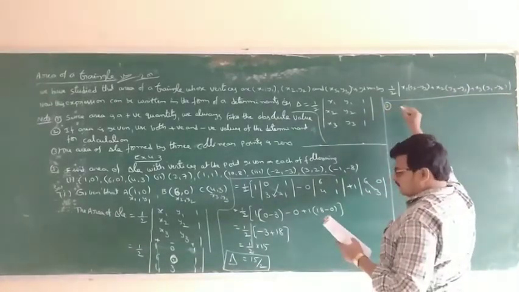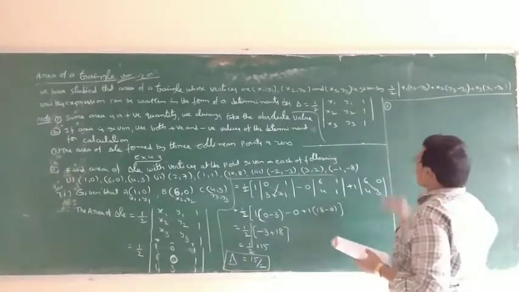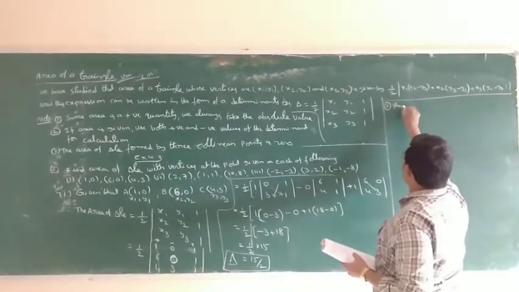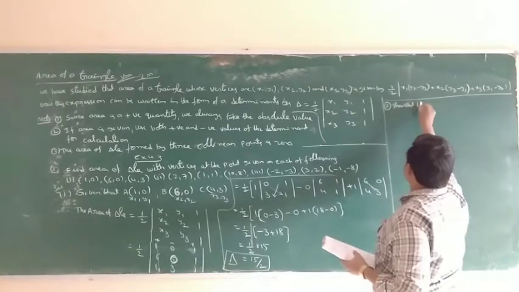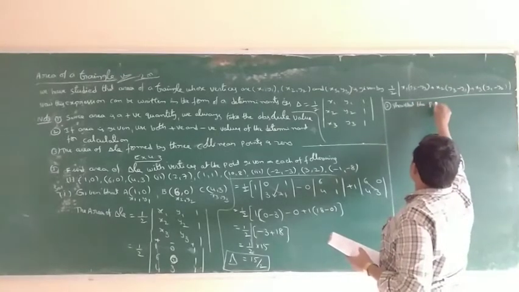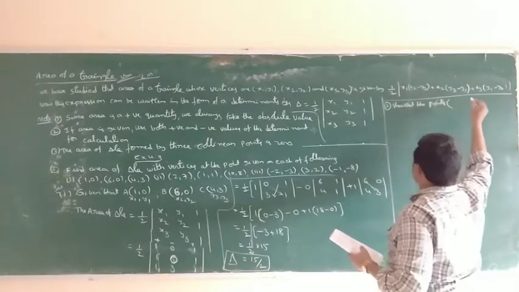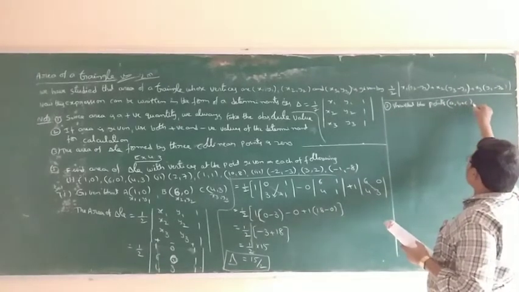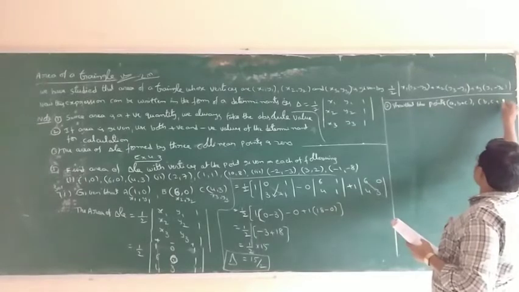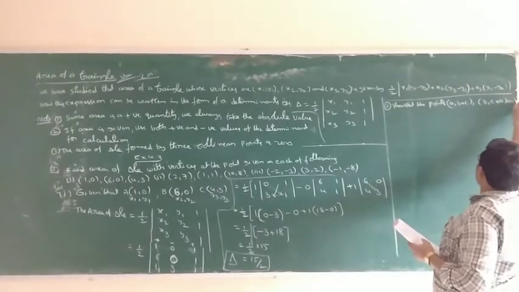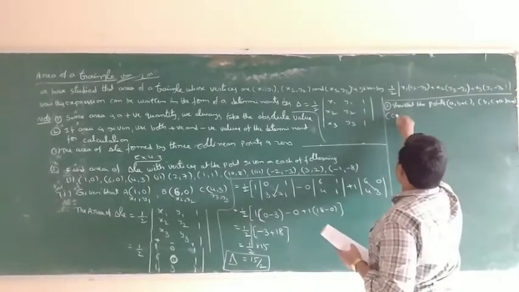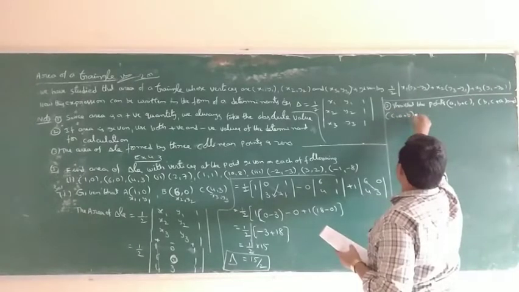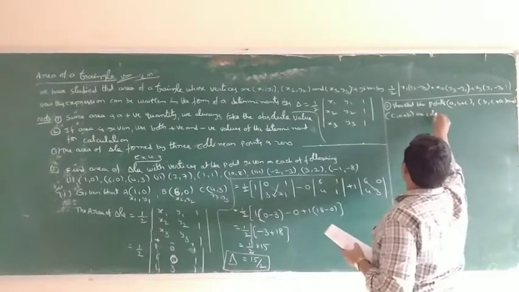Second problem. Show that the points A comma B plus C, B comma C plus A and C comma A plus B are collinear.